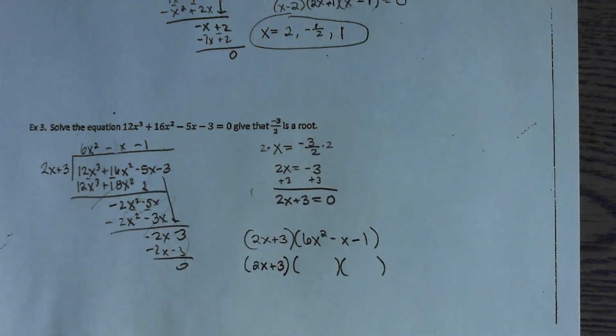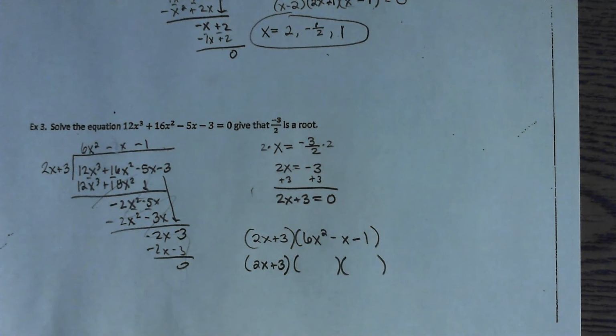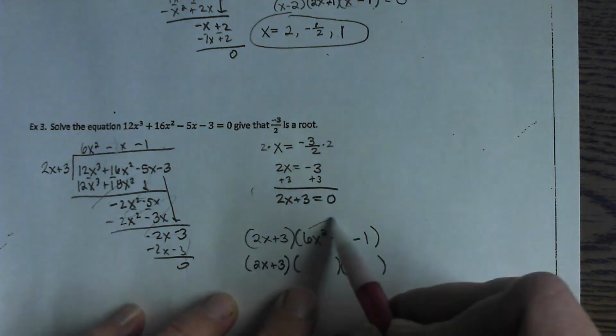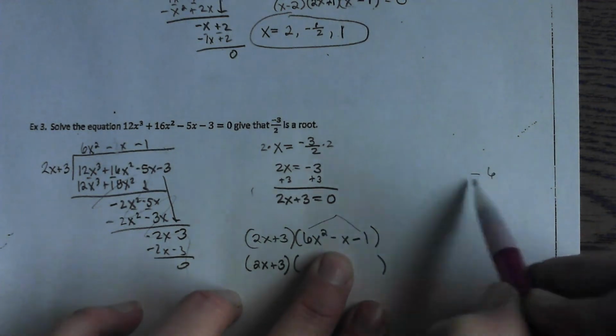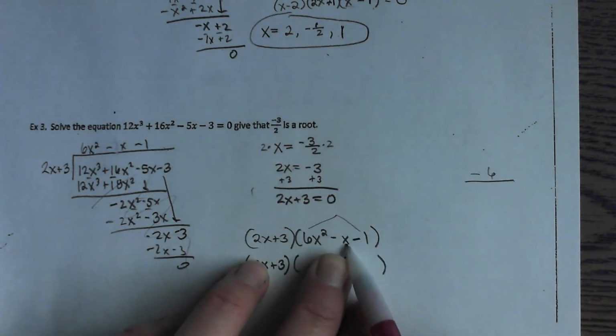There's a couple options on my 6. 1 and 6 or 2 and 3, but luckily on my last term it has to be 1 and 1. So not really too difficult of a guess and check, although if you're more comfortable splitting the middle term, remember that you're looking for 2 numbers that multiply to get negative 6 and add to get negative 1. What are they?